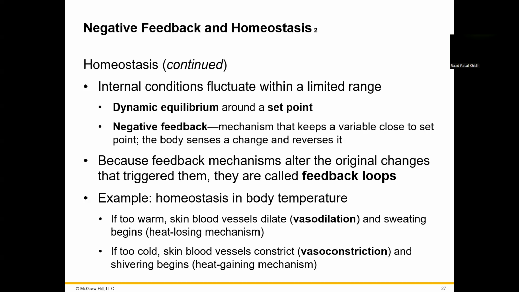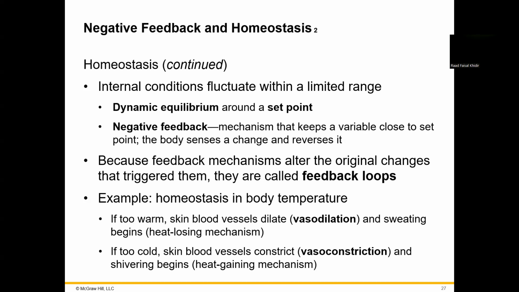So the receptor is going to send an input signal to the control center, the processing center, the integration center.